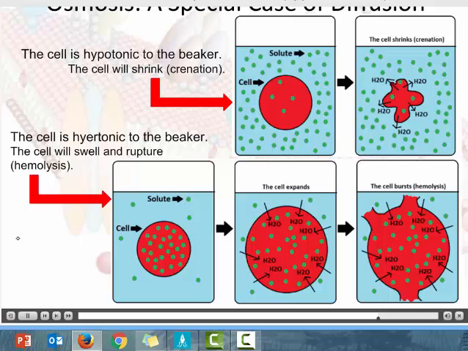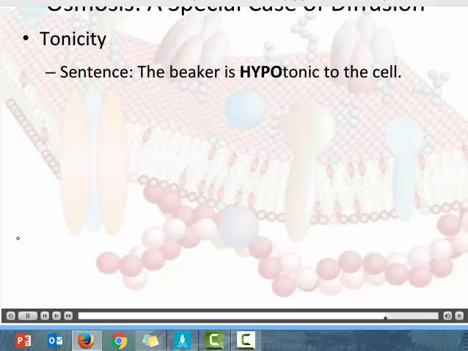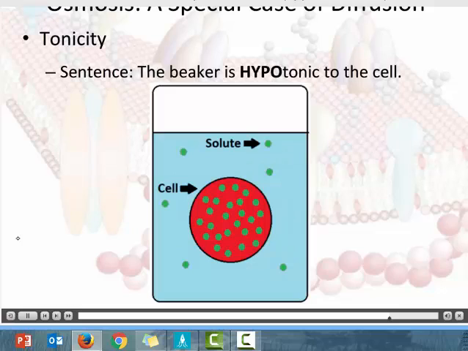Now let's flip our sentence around and let's take a look at the beaker is blank to the cell. Okay? If we do that, we're going to see different results. So if our beaker is hypotonic to the cell, the beaker has less solute, meaning the cell has more solute.